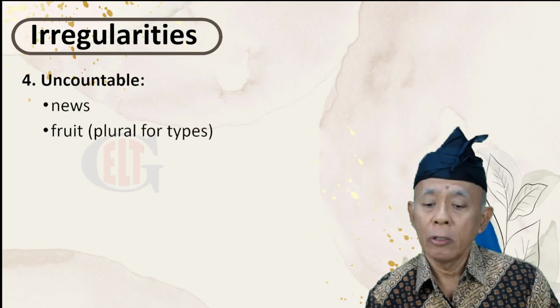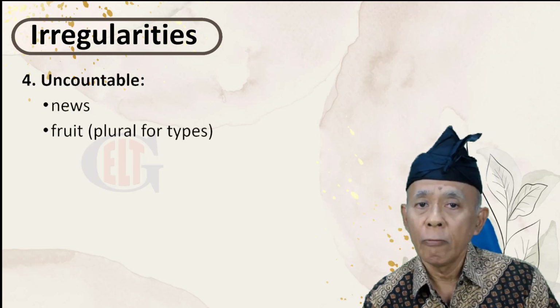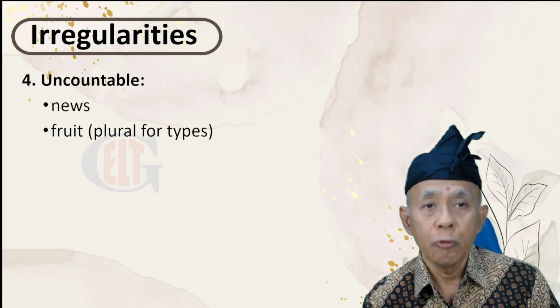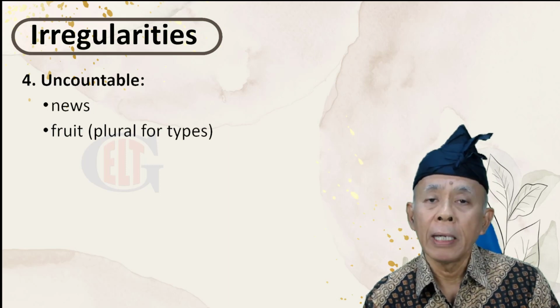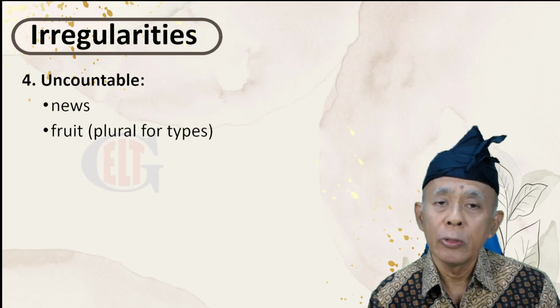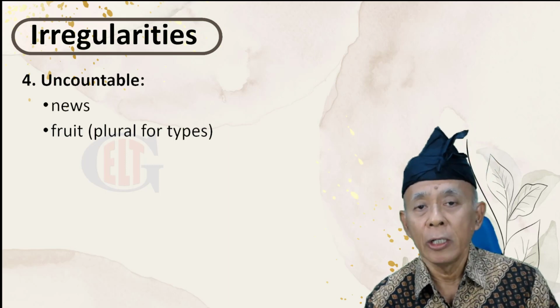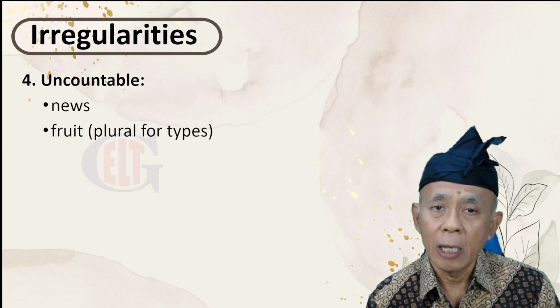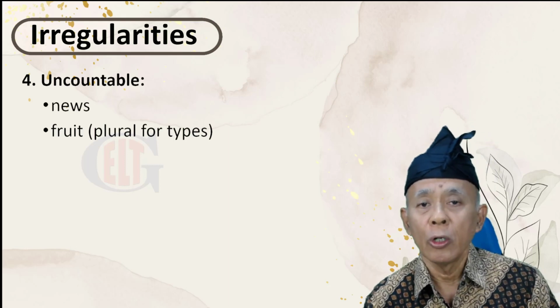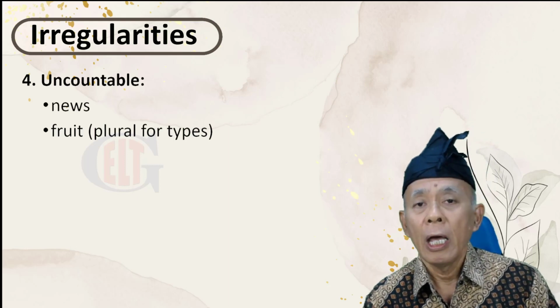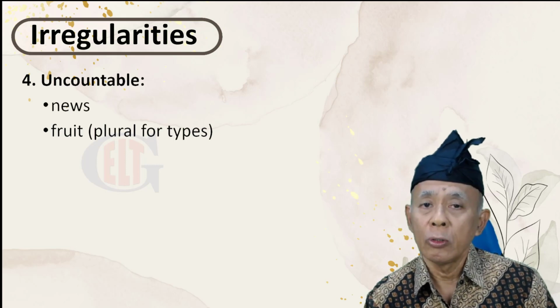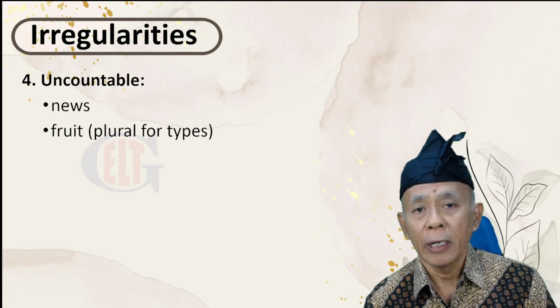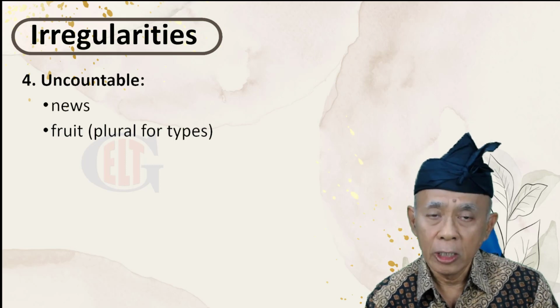Finally, we also have nouns which we often think are plural or countable. The noun news is uncountable. We cannot say a news or 2 news, but we need to say, for example, 1 piece of news or 2 pieces of news. And then the word fruit is also problematic because we often think that fruit is countable.